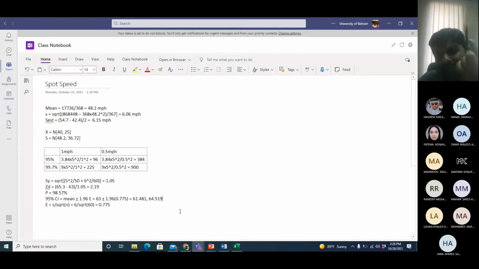There is a less than 5% chance, which is negligible, very small, that you may have achieved the 60 miles per hour value. There's a 95% chance that you did not achieve it, because the range for 95% of drivers does not include the required value.